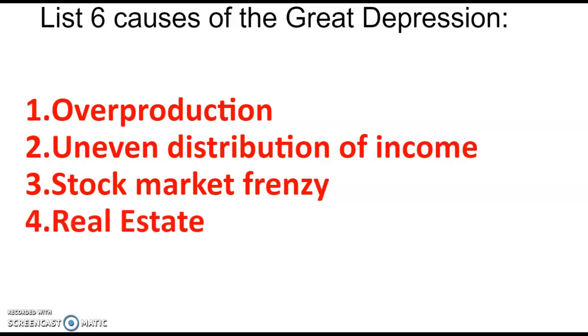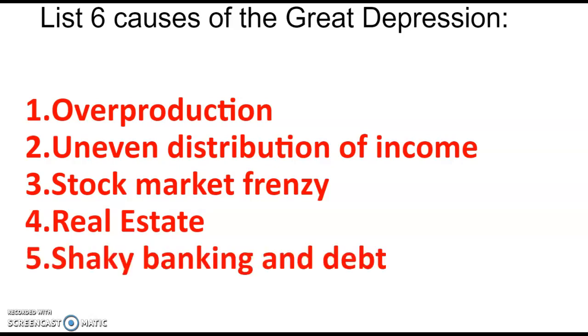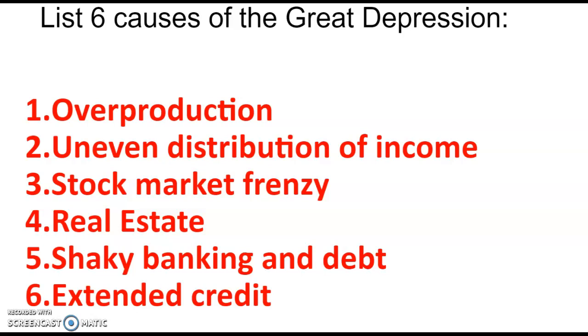Number 4, just bad real estate deals. Number 5, shaky banking and debt. So, banking practices that loaned money to people that simply could not pay the debt back. And they get even further in debt. And when people can't pay back their debts, then banks don't have any money to circulate.